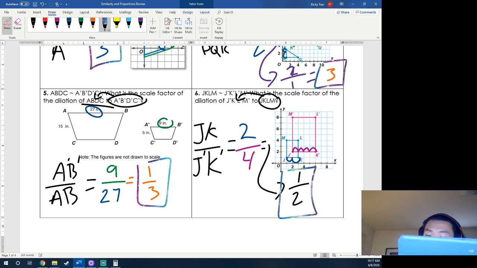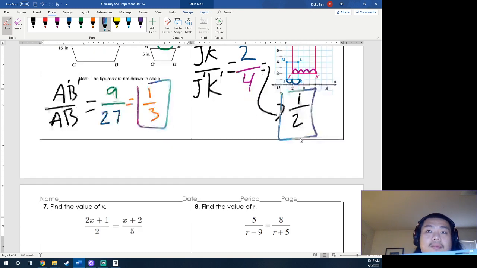So your scale factor is 1 over 2. Okay? Nice and easy.